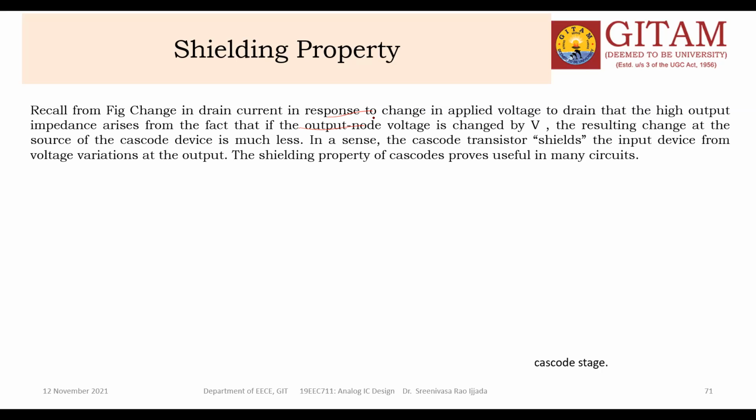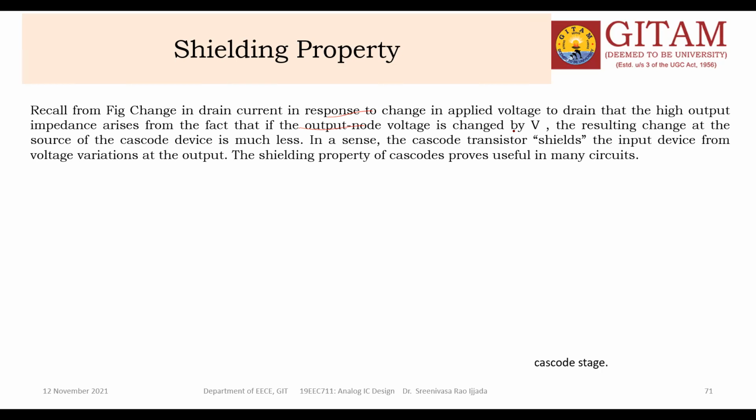Recall from the figure, a change in drain current means a change in output voltage. In response to a change in applied voltage at the drain, the high output impedance arises because for a small voltage change of V, the resulting change at the source of the cascode device is much less.